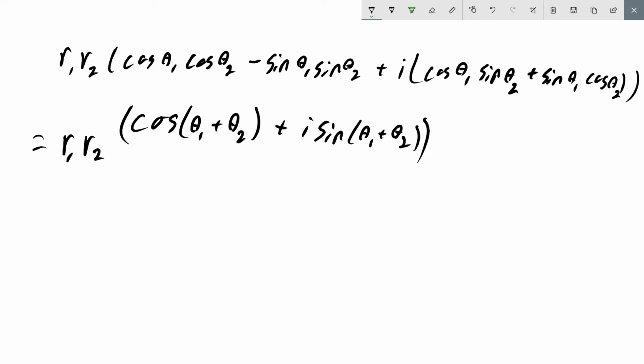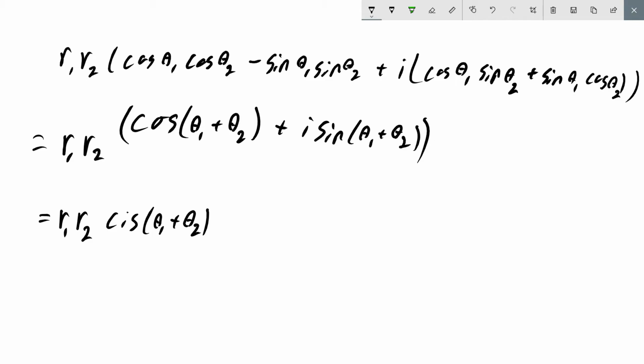And if those two expressions are equivalent, then we can see some real magic happening here. We have a cosine and an imaginary sine, and we can simplify that down. That's cis. So we have radius 1 times radius 2 cis of theta 1 plus theta 2.